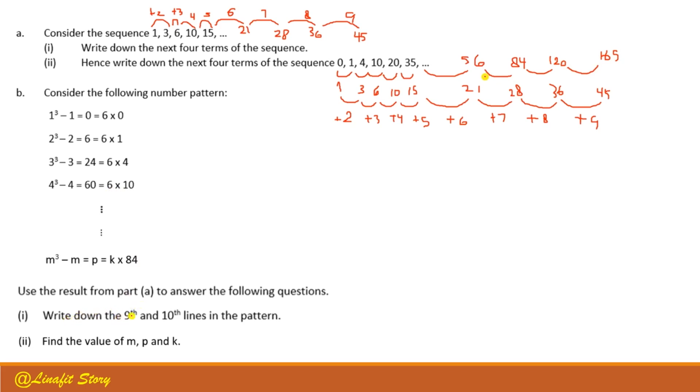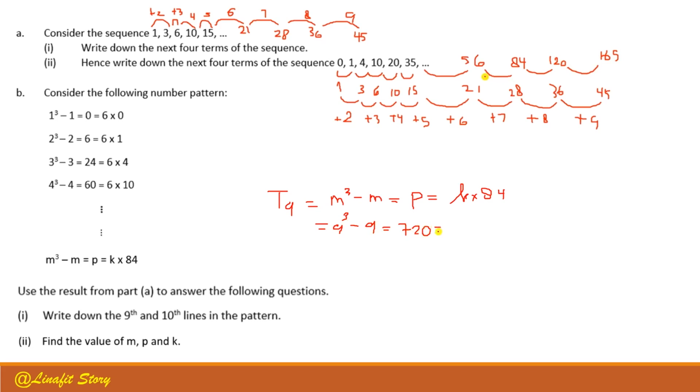First, write down the 9th and 10th lines in the pattern. So, the 9th term is m cubed minus m is equal to p is equal to k times 84. So 9 cubed minus 9 is equal to 720.